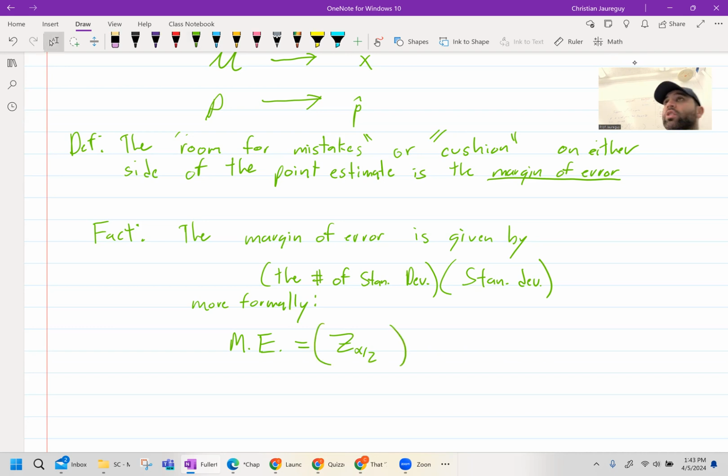We should have known it was a z-score, right? A z-score measures the number of standard deviations. We'll talk about that alpha over 2 times sigma sub something. Maybe x bar, maybe p hat. It could be either of those. Sigma sub x bar, sigma sub p hat. Something that we know how to deal with.